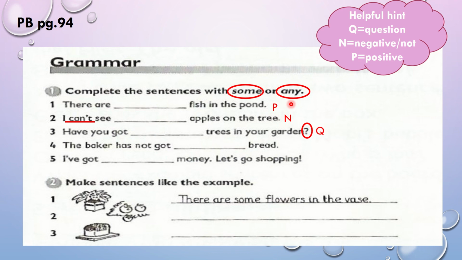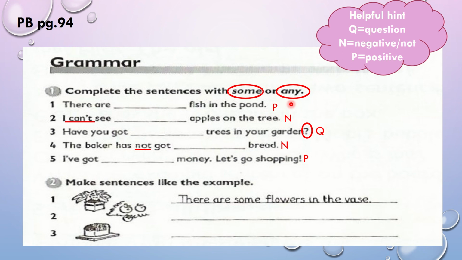Number 4. The baker has not got what bread? Not means it is negative. I've got what money? Let's go shopping. This is a positive statement.